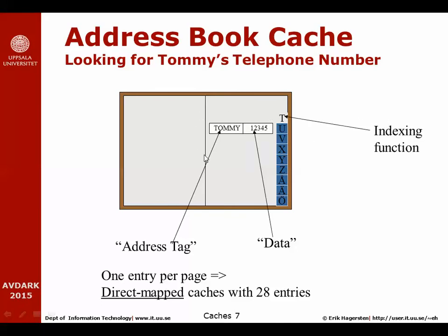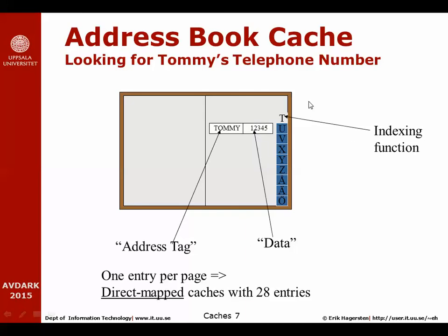On that page, you will have tuples of information. One is an address tag that uniquely identifies the item for which we store the data. And then you have the data itself, so the telephone number in this case.